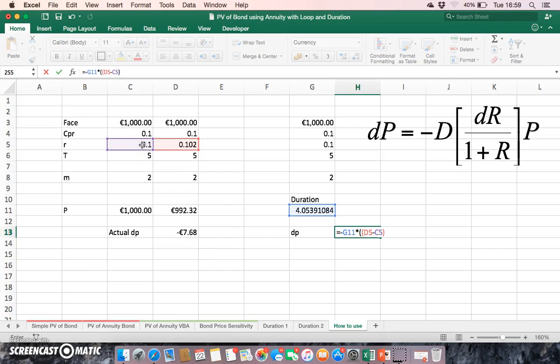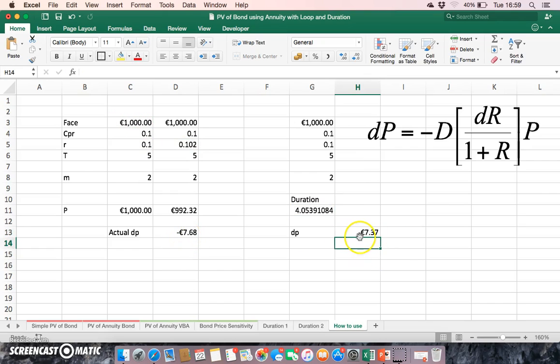And we divide that by 1 plus the original interest rate, so 1 plus R, and then we multiply that by the original face value, and the change in the bond price should be in this region, but not exactly.